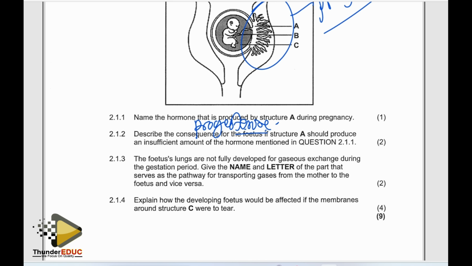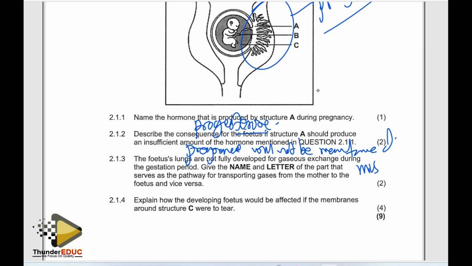So pregnancy will not be maintained, and this will lead to a miscarriage.